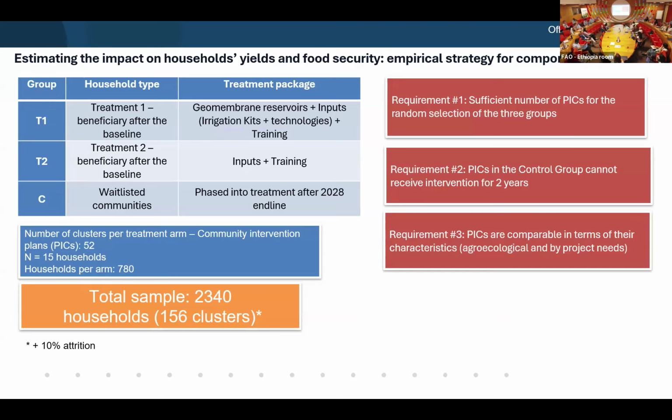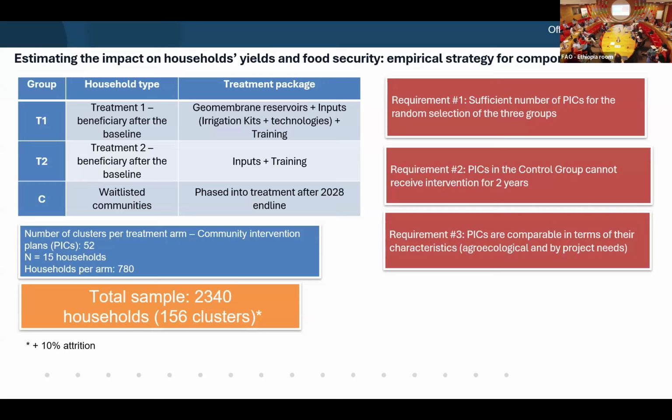So in terms of the analysis, we will have a baseline survey that is planned for 2026, and a follow-up survey that is planned for 2028. Obviously, contingent on all the PICS formation that is conducted by the country office for the targeting. So we are still at the targeting phase.